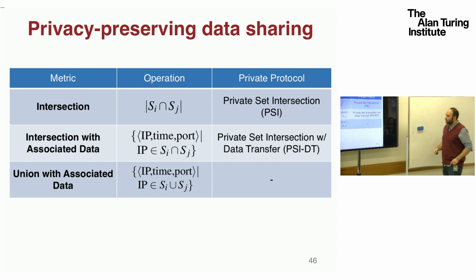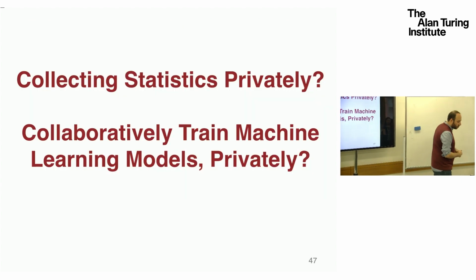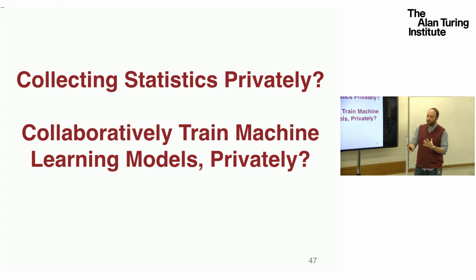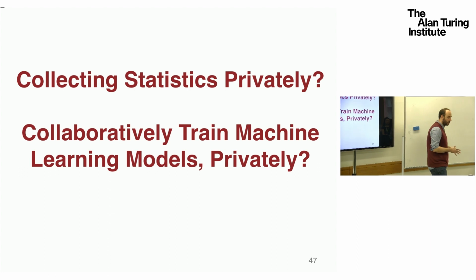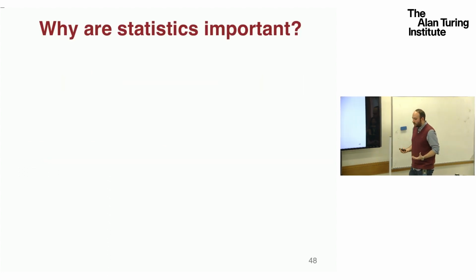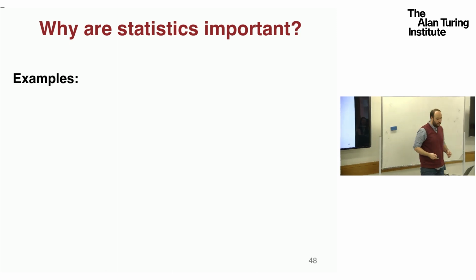Okay, so let me give you another example where you want to use privacy-enhancing technologies to collaboratively train models together. One kind of application relies on statistics. Why are those useful?